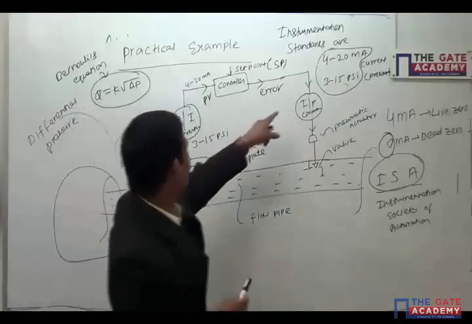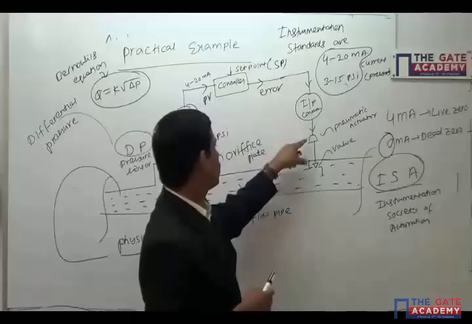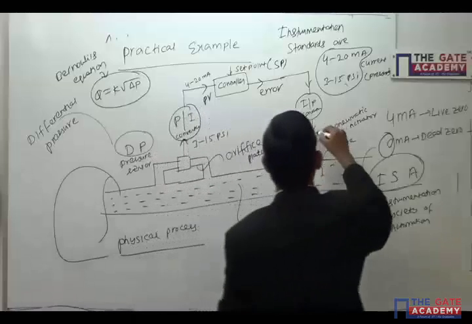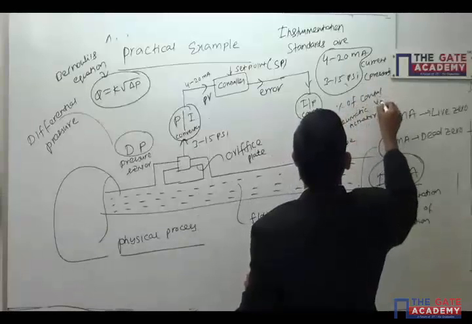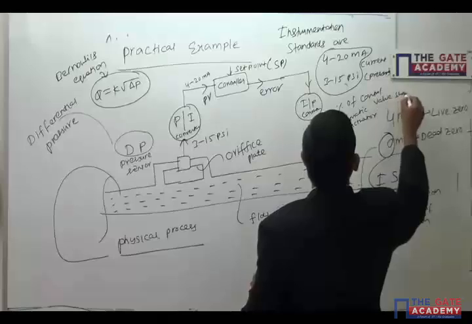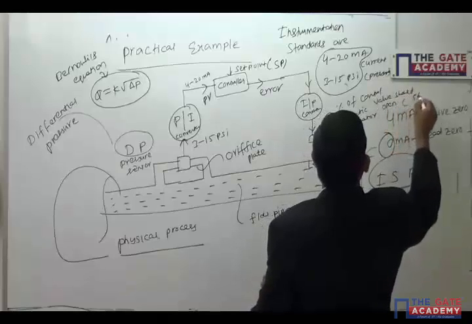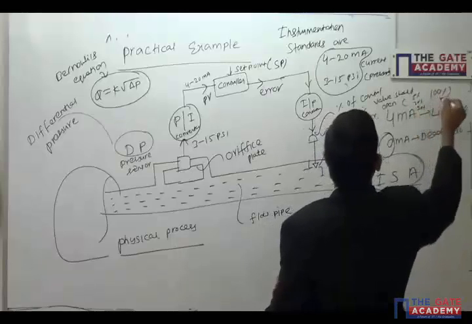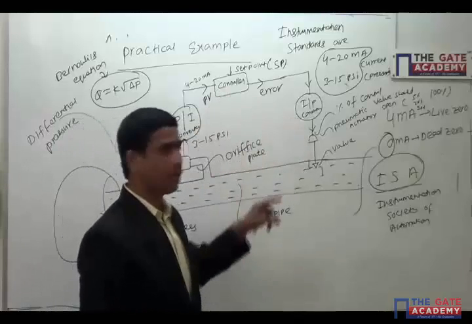Depending upon this error, again I am using an I to P converter. How much percentage of the control valve should open, like 5%, 20%, 30% or 100%? That is given electronically from the I to P converter.